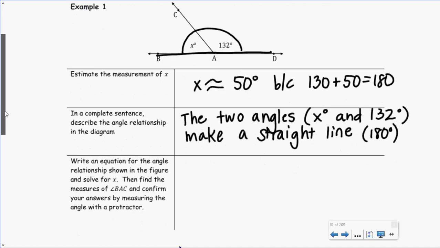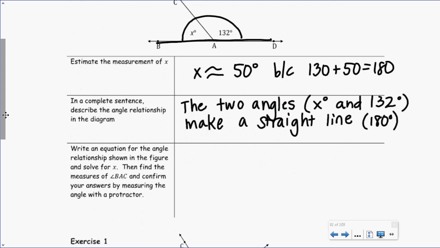So I kind of want to do that one after we talked about the relationship. Okay, now the official equation is x degrees plus 132 degrees equals 180 degrees. Okay, now go ahead and subtract 132 from both sides, just like we do in an equation.